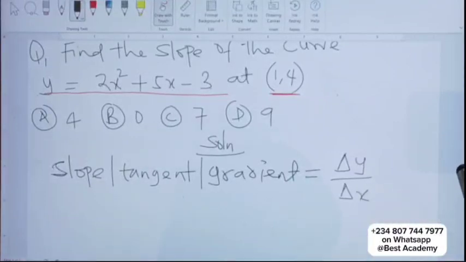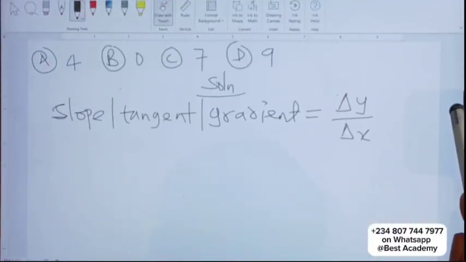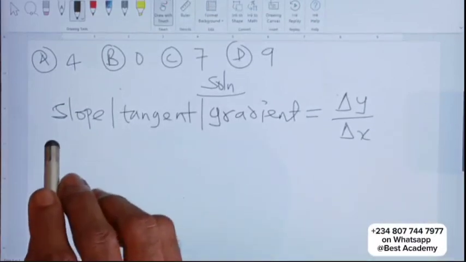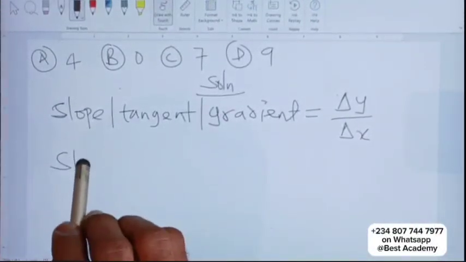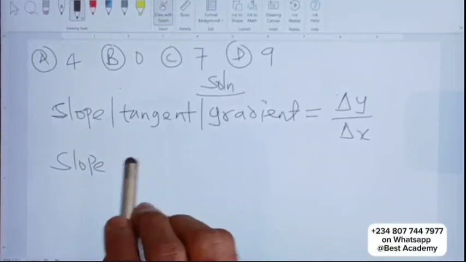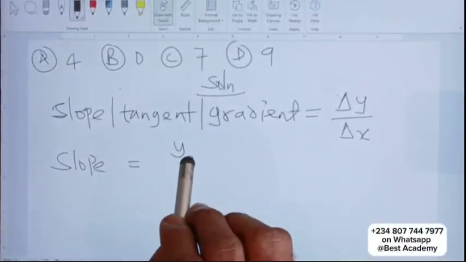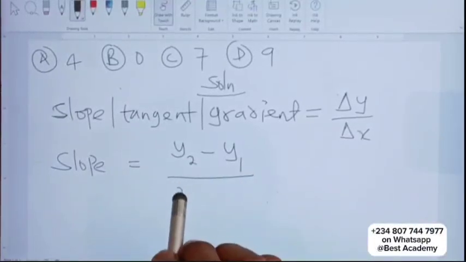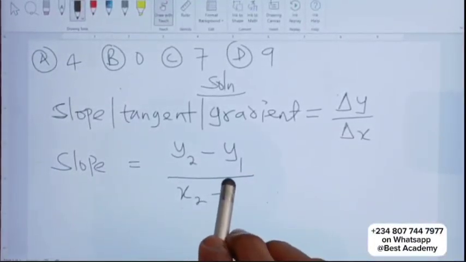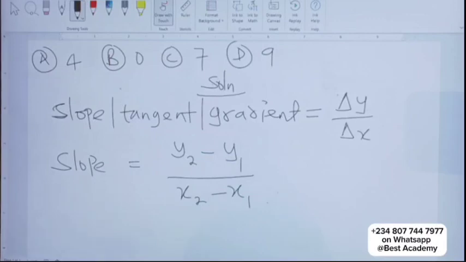Please take note. Change in y over change in s. And this can be expressed as, that means slope can be expressed as y2 minus y1 over s2 minus s1.